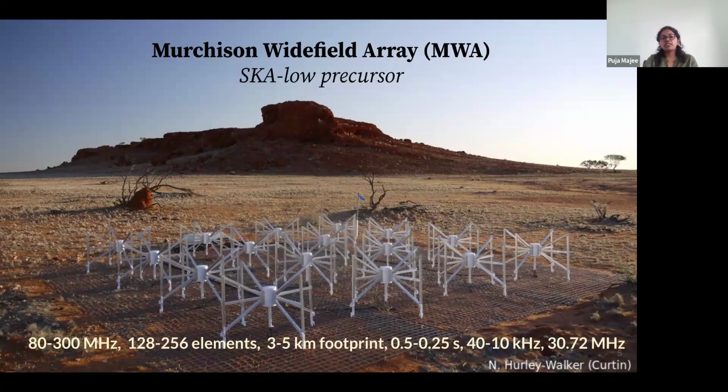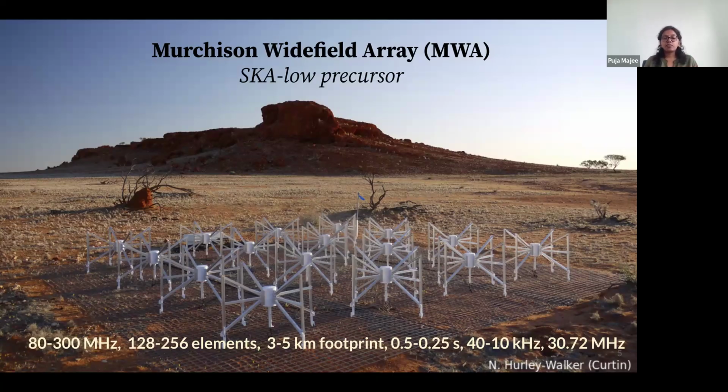Because, as you have seen, there are many elements within this small 3 kilometer baseline, which means that when you look at the instantaneous UV coverage, it is very, very dense, which means you can make high fidelity snapshot images.